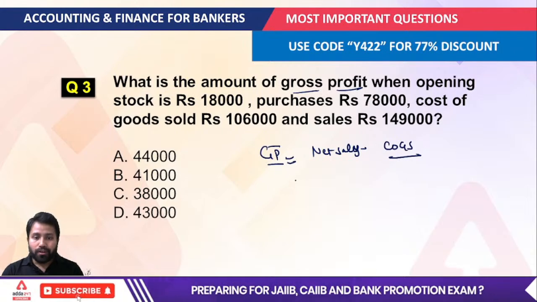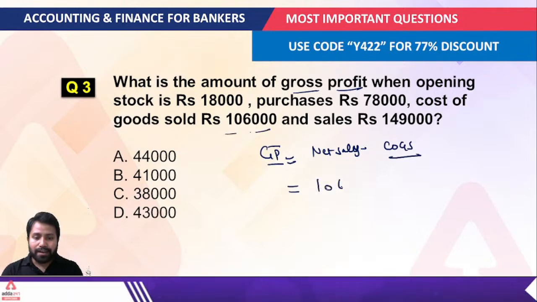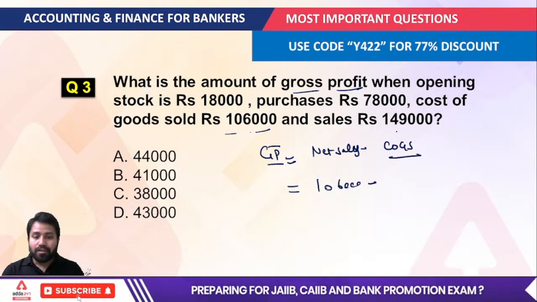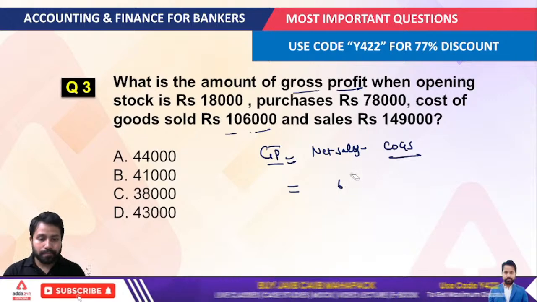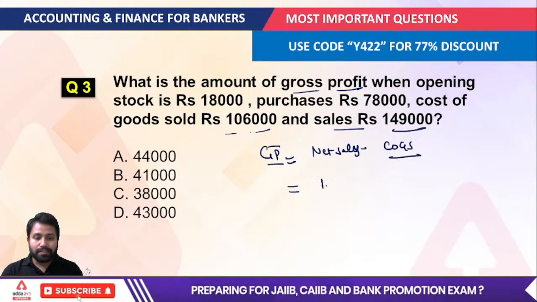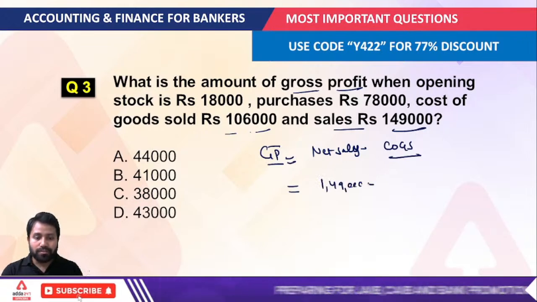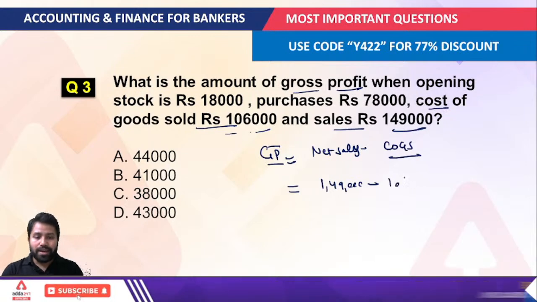If I talk about the sales given, that is 1,49,000, minus the cost of goods sold given, that is 1,06,000.